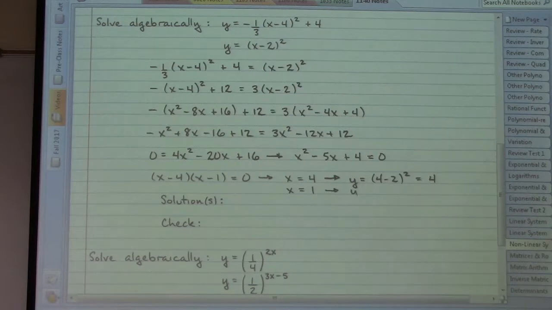When x is equal to 1, y would be equal to parentheses 1 minus 2 parentheses squared, which would be a 1. So we're looking at solutions that seem to be 4, 4, and 1, 1.